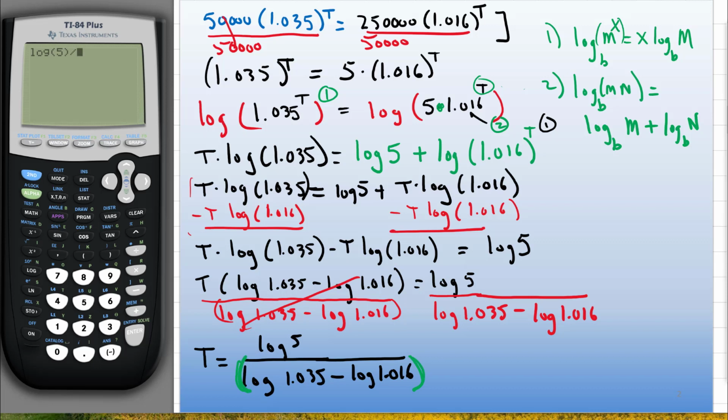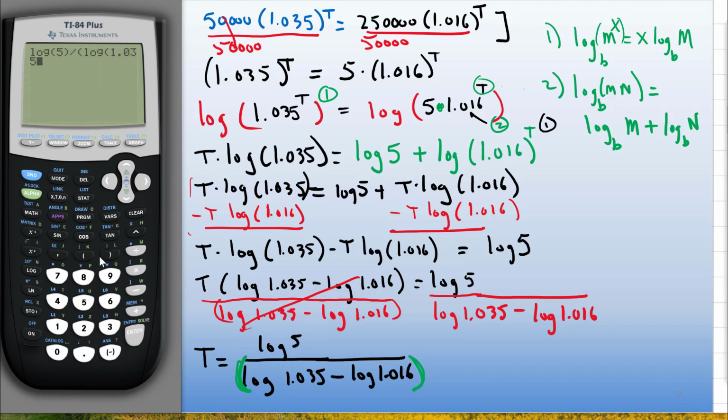So when I type that in, I'm going to need a parenthesis around the bottom, and I'm going to type in the log. And also notice in the old operating system it starts the log, so the log has its own parenthesis to start it. 1.035.